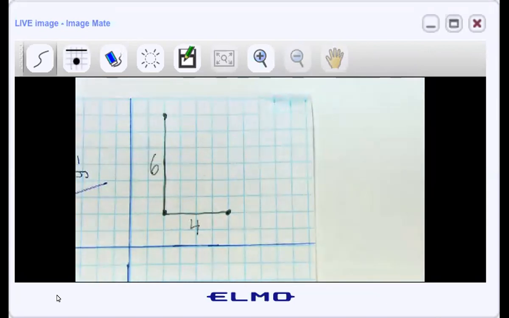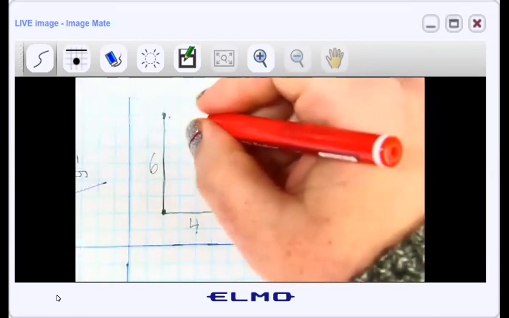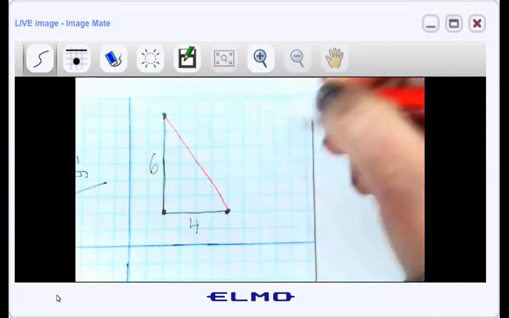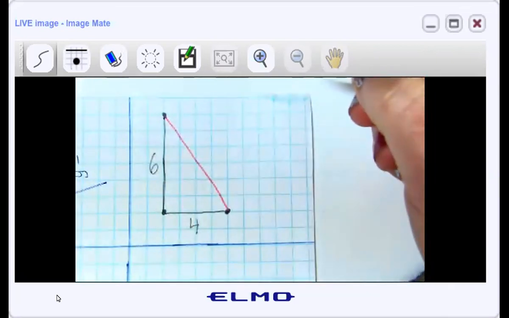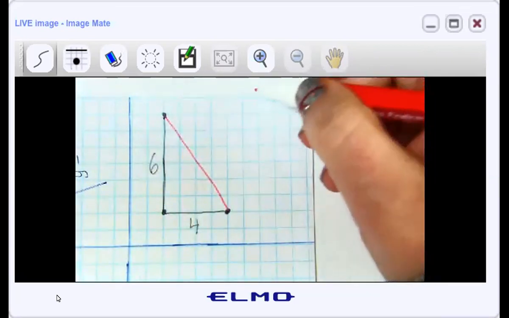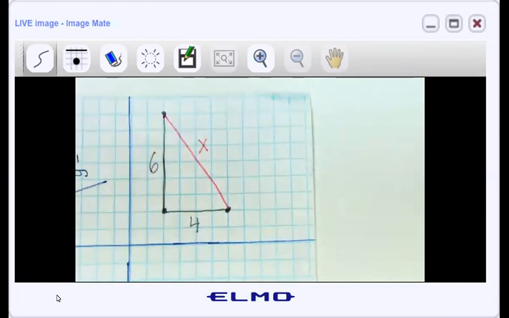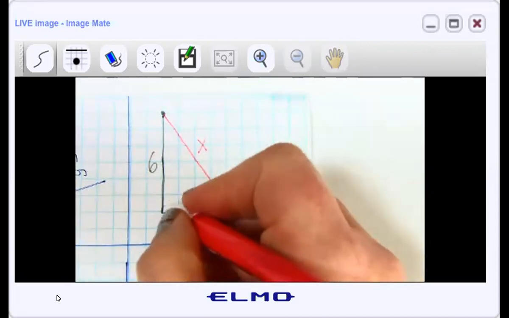But things get a little bit more difficult when it's not vertical or horizontal. What if I wanted to figure out the distance between these 2 points? I can't just count the boxes, right? Because it doesn't run nicely along boxes. I could estimate, maybe, but there's got to be a better way. There is a better way. If you look at what I've basically just created, I have a right triangle now.